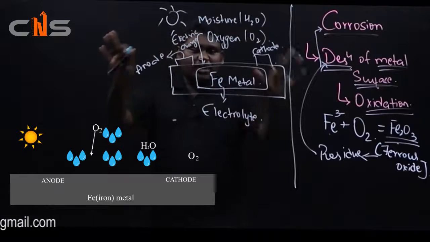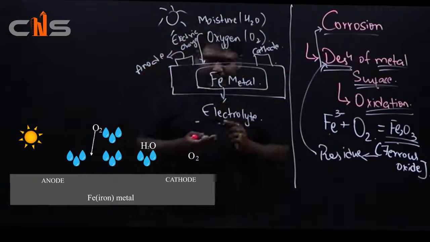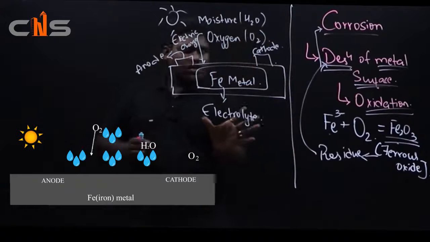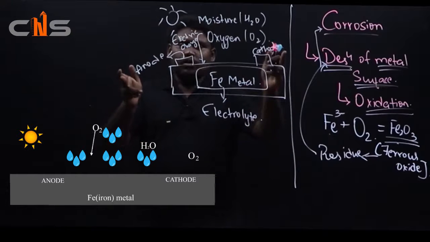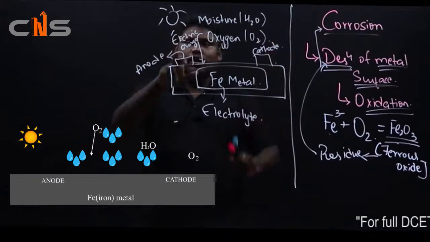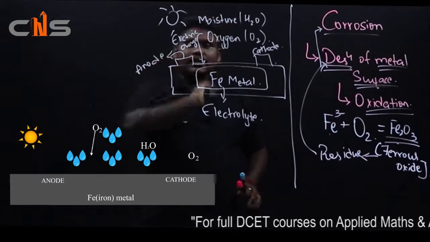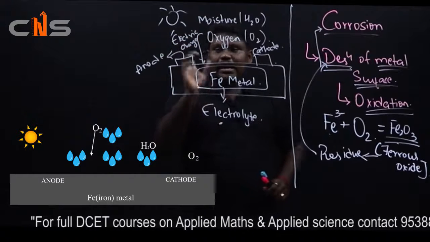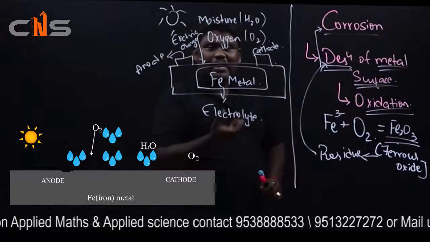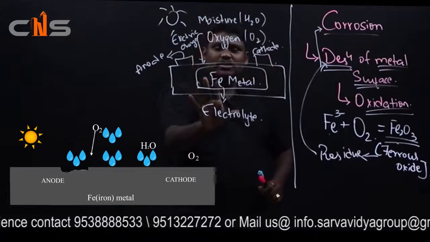If you remember this setup, we have already discussed it in the electrolysis process. So we have the electrolyte, we have 2 electrodes, that is anode, cathode, and electric charge, that is the battery. What happens there? Electrode decomposes itself and liberates ions. The same concept occurs here.